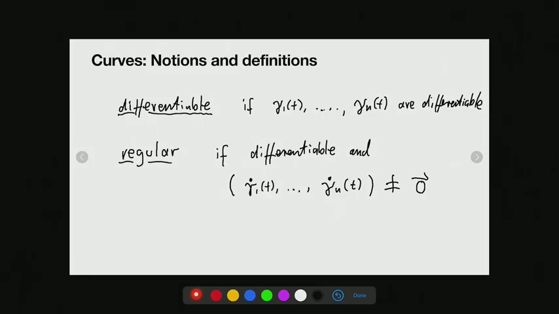So a curve is called regular if all the components are differentiable and at no point in time, at no position, are all the derivatives equal zero. There's always some derivative that's non-zero.